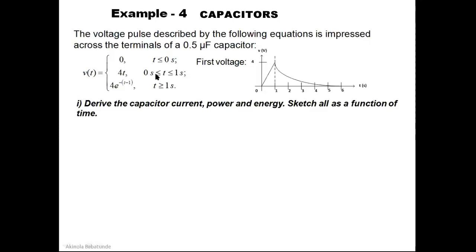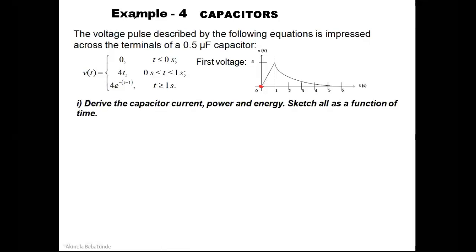So when time is equal to 0, you can put t equal to 0 in this expression, and your v of t will be equal to 0. So you have the point t equal to 0, v equal to 0.